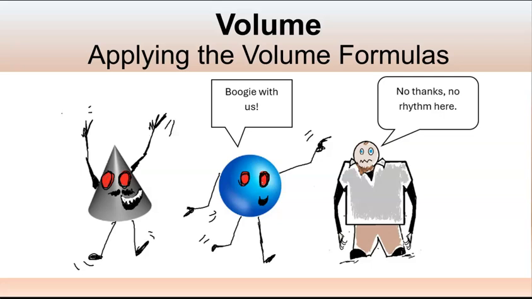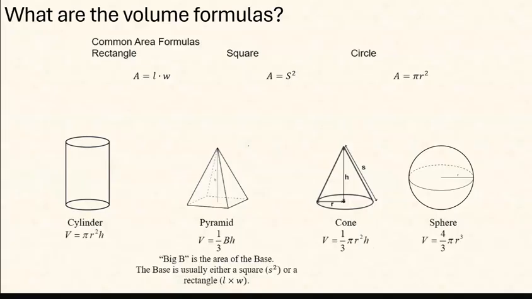In this section we're going to look at applying the volume formulas, and typically what that means is either word problems or solving for a missing part of a shape. So let's get started. In the last video I emphasized what the volume formulas were and what they were designed to do.